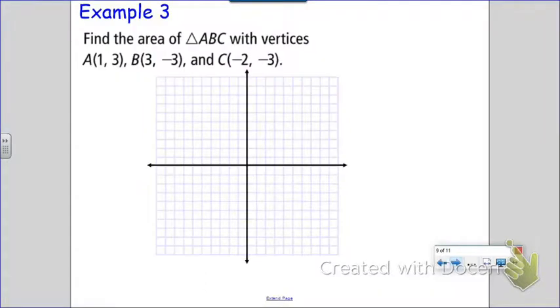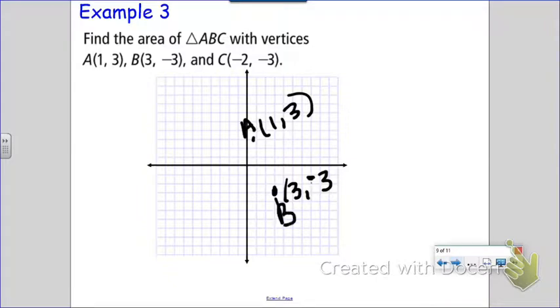Our next example is finding the area. So we have, again, to plot the points on the graph, 1, 3, 3, -3, point C is at -2, -3.